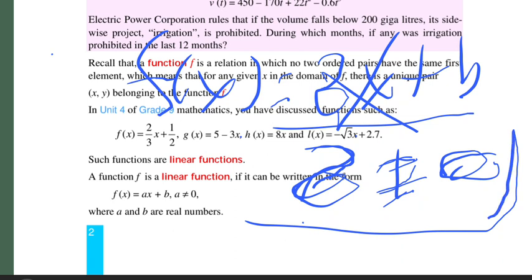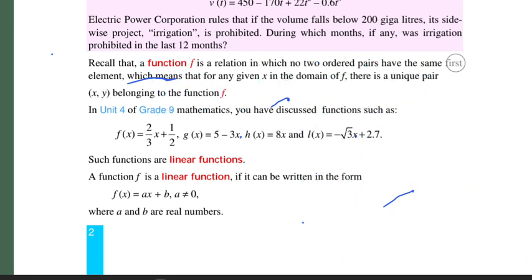When we write the quadratic function, the degree of the quadratic function is 2. Let me write it.